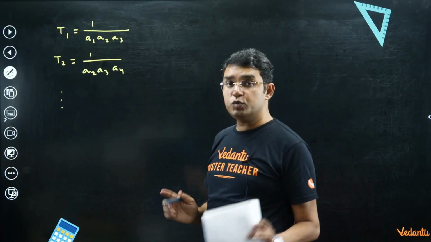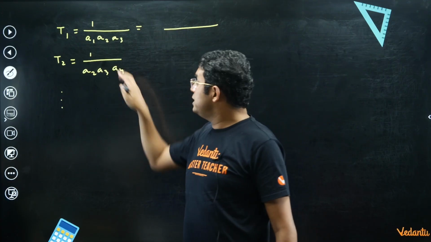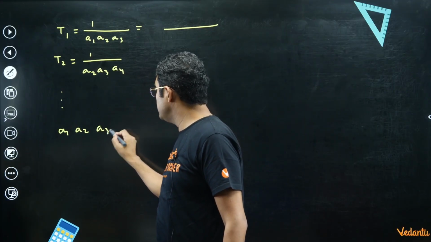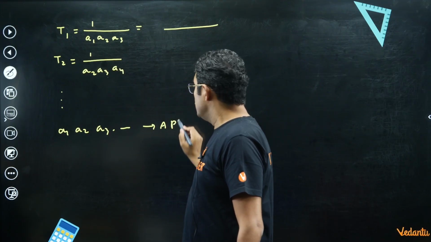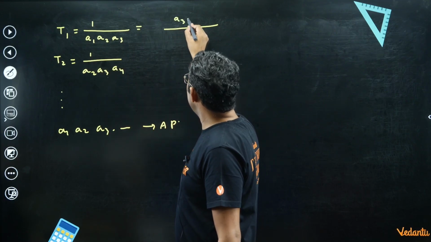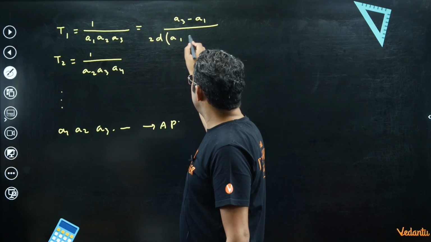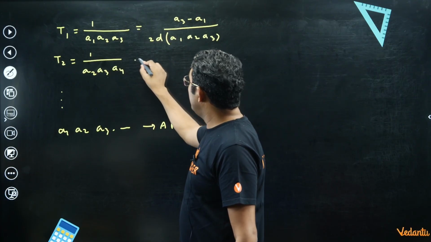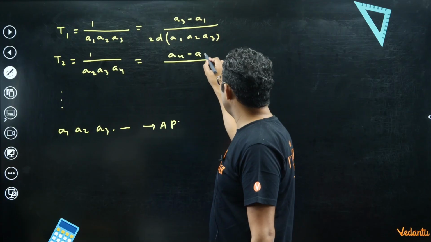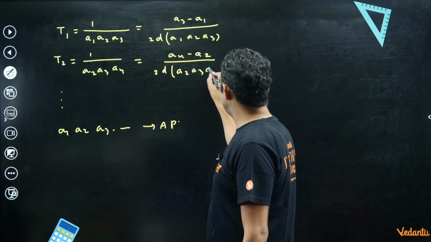In such a case, how to split? Please understand, A1, A2, A3 and so on form an AP. If they are in AP, the difference of A3 and A1 will be 2 times the common difference, and it is A1, A2, A3. If you apply the same idea here also, you take the difference of the two extreme numbers A4 and A2, it will also be 2d, and this will be A2, A3, A4.